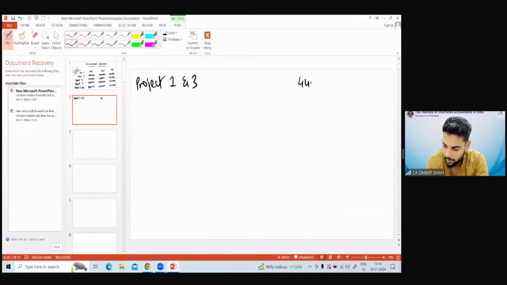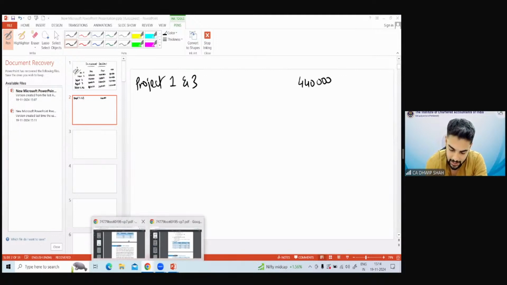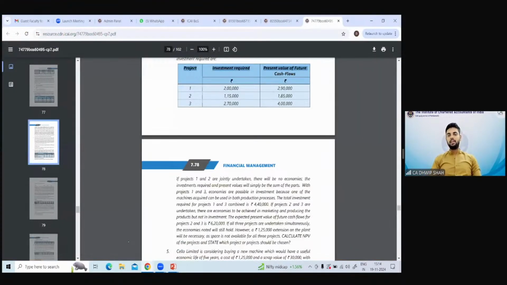So can I say my PVCO is 440? Now what about PVCI? Is there any additional economies in PVCI if project 1 and 3 are taken together? No. So if there are no economies, then you have to simply sum up the PVCI of both the projects. So can I say if project 1 and 3 are taken together, my PVCI would be 290 plus 4 lakh. Yes or no?